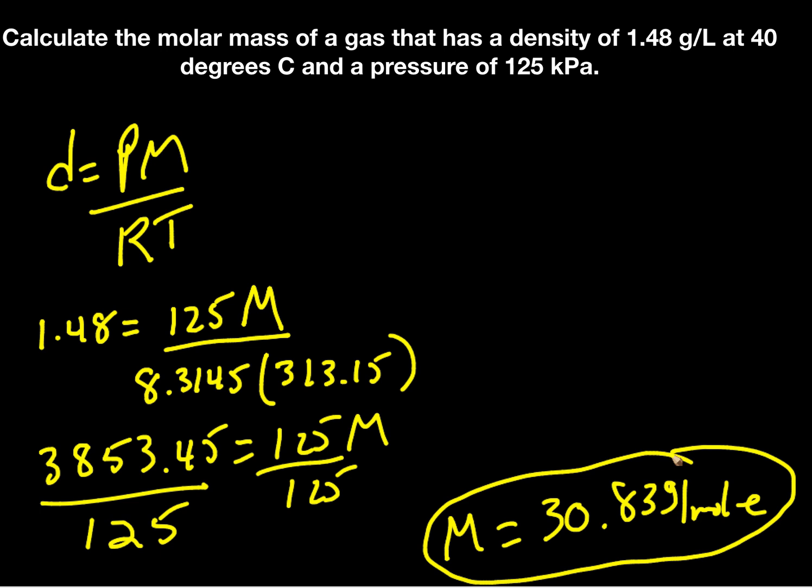Now, so we learned two different applications of the ideal gas law. We learned how to calculate density and molar mass, and now we're going to use some gas stoichiometry using the ideal gas law.